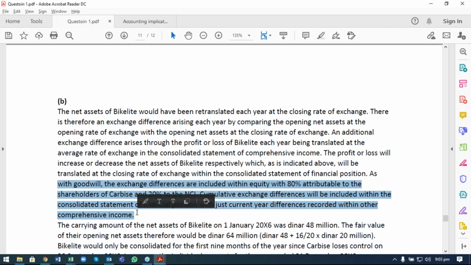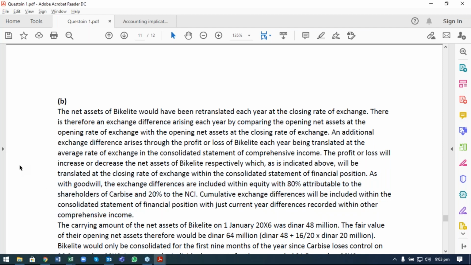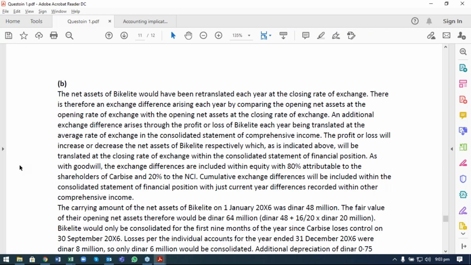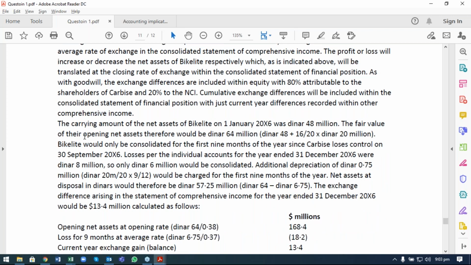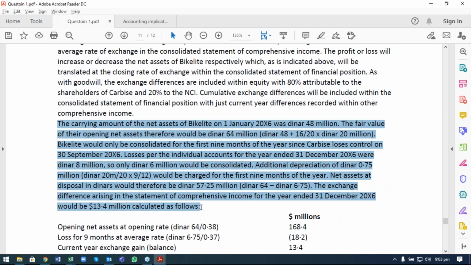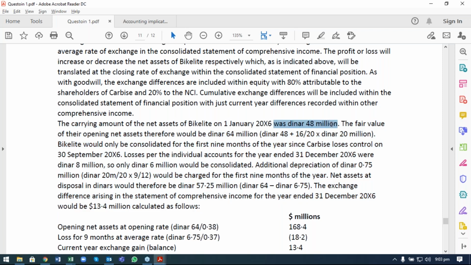So this is the whole explanation of what we have actually calculated, and you can see this is the actual explanation of what was done. The carrying amount of Backlight's net assets on 1st January 20X6 was 48 million dinar, as provided within the question. The fair value of their opening net assets would therefore be 64 million dinar.